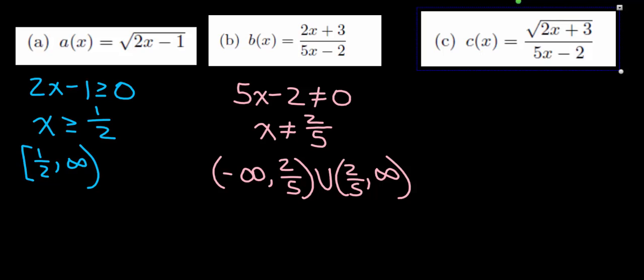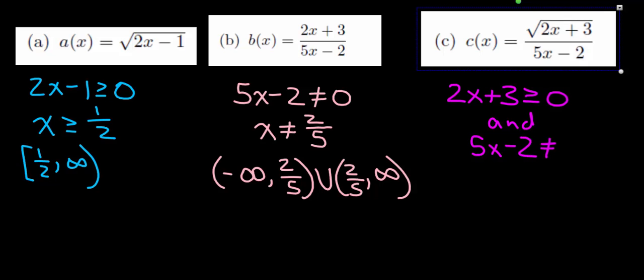Then we have the combinations, like this one. Now here we have the radical, 2x plus 3. It has to be greater than or equal to 0. And also 5x minus 2 can't be equal to 0. These are the two conditions that we've got to be sure exist here.